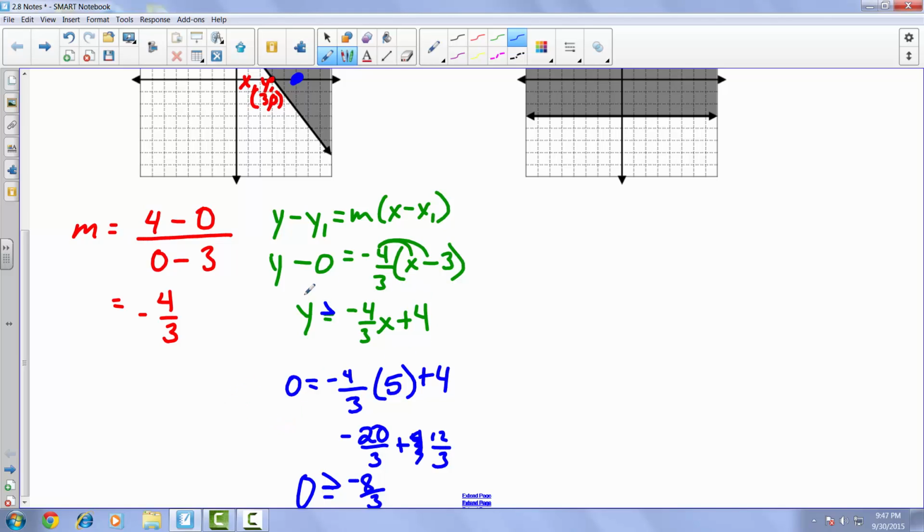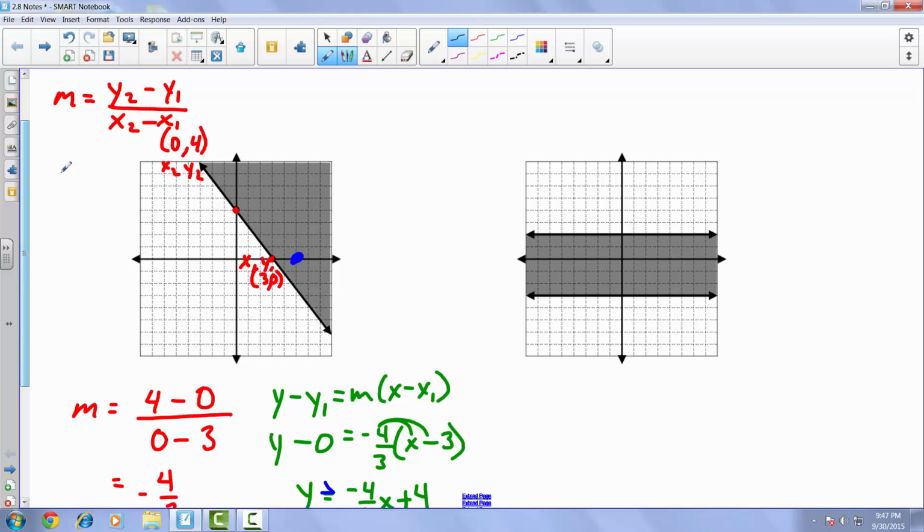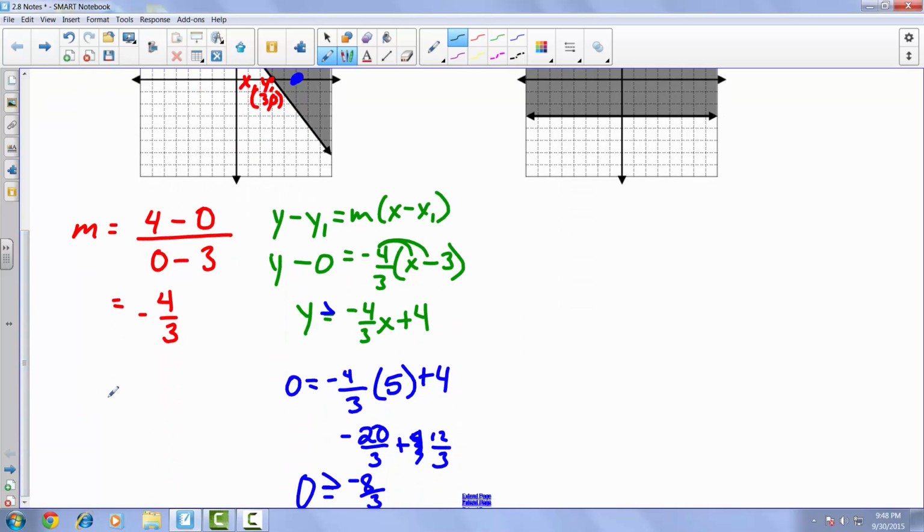You could even try a different test number for this. For example, we could try the test point (0, 8). When we throw in (0, 8), we would end up with 8 is larger than or equal to negative 4/3 times 0 plus 4.